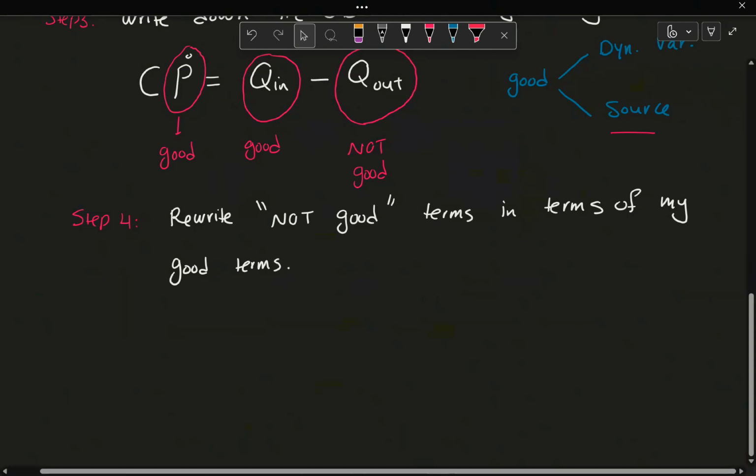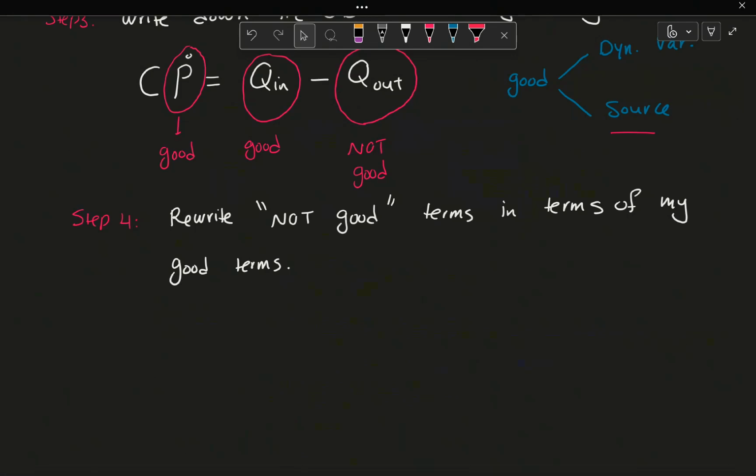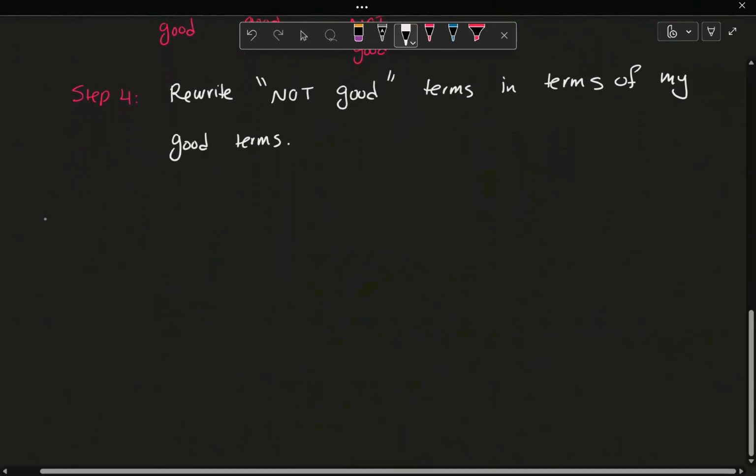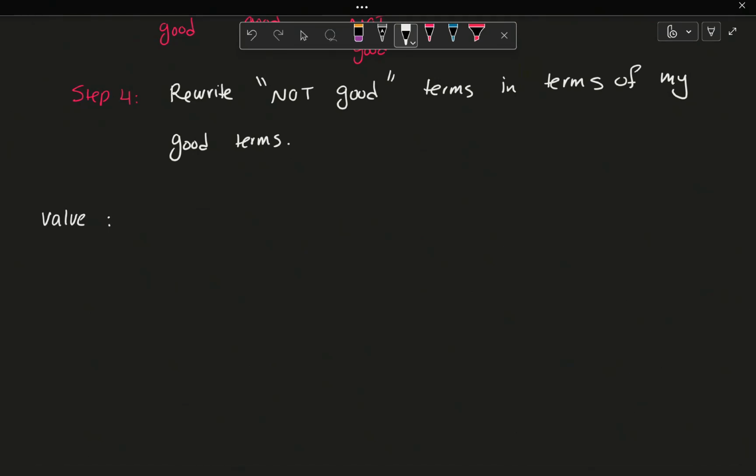Okay. And what we're going to use here in this one is the equation for the valve. Okay. So from the valve equation, depending on whether you assume that the flow across the valve is laminar or turbulent.